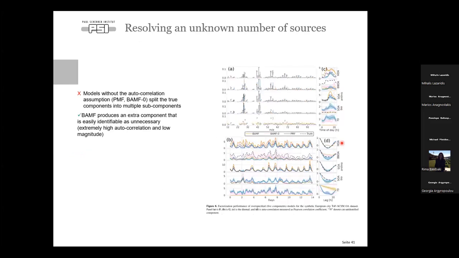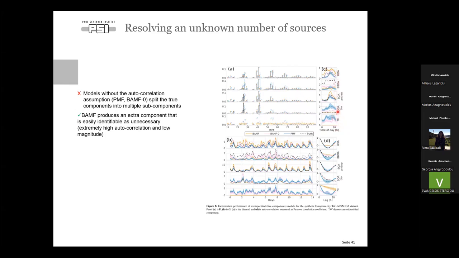The other question is how the model would behave if we do not know how many sources we have and we use a different number of sources. For example, here the optimum number of sources was 4, and we used 5 to see how the models behave. Of course, if we ask the model to produce 5 sources, it will produce 5 sources, but BAMF produced something totally unreasonable, which means it was easier for a user to identify that something is wrong with the modeling.